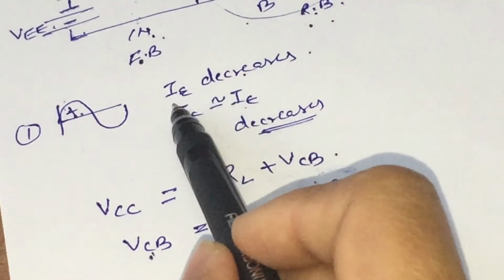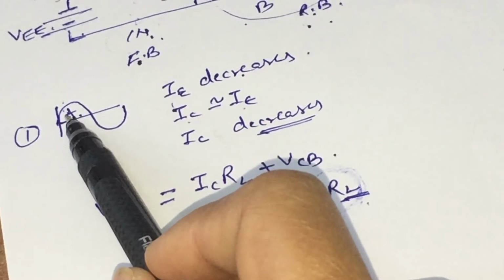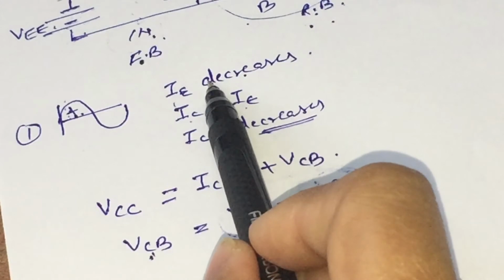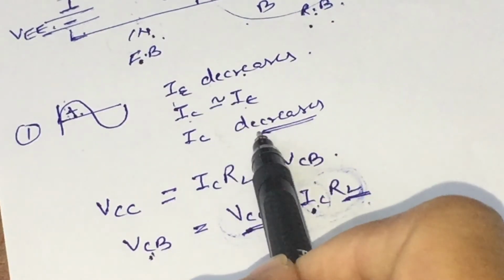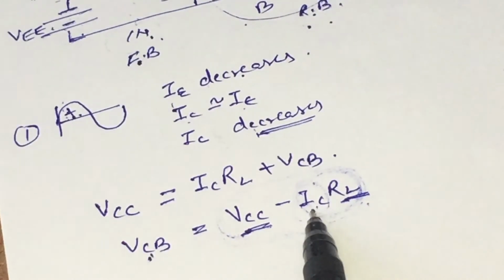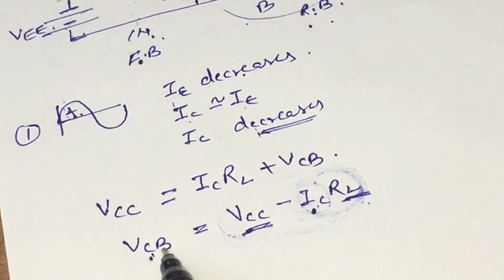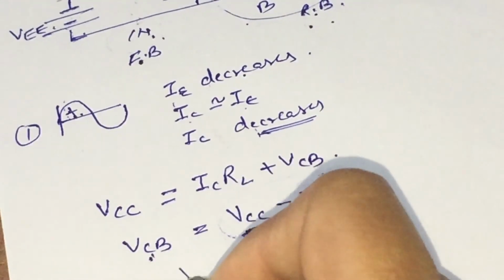Now, in our case, when the positive half of the input signal is fed, the emitter current decreases, and due to which the collector current decreases. Here, if IC decreases, the whole quantity VCB will increase.